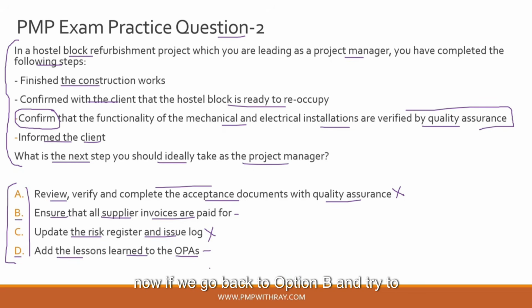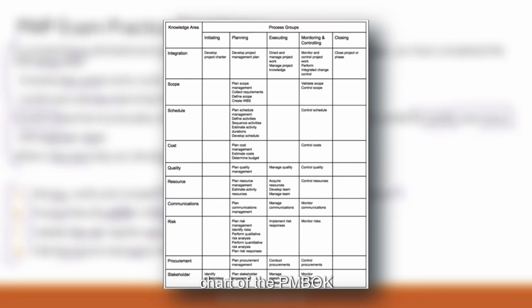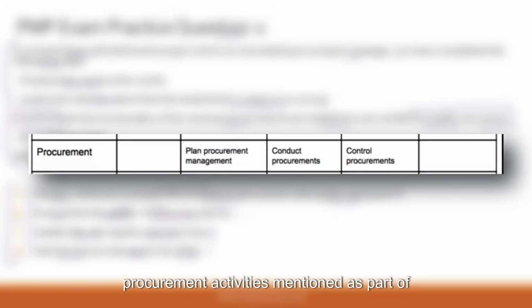Now, if we go back to option B and try to analyze it critically again, ensuring that all supplier invoices are paid for as part of the closeout stage of the project doesn't seem quite likely. Okay, and I'll tell you why. I would like you to open the 49 process chart of the PMBOK and check whether there are any procurement activities mentioned as part of the closeout stage of any project.